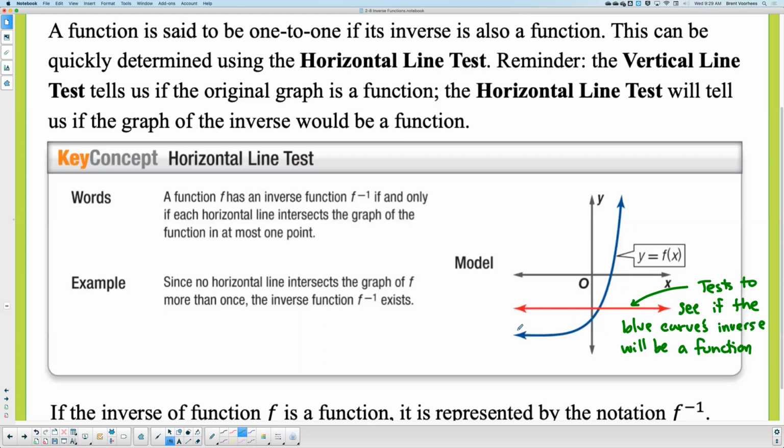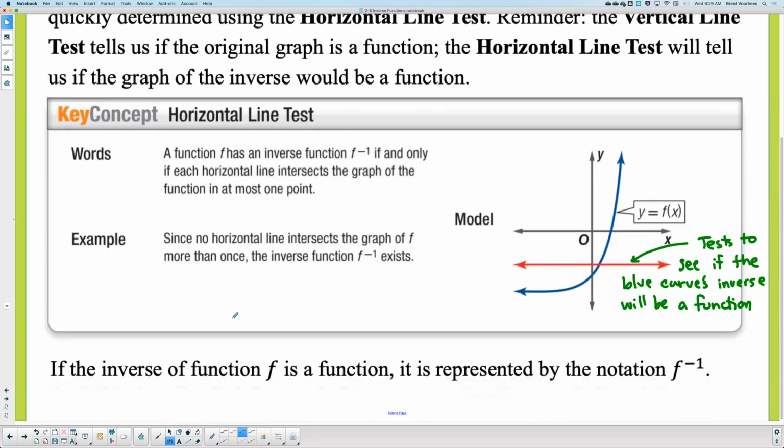Now, does this one pass the horizontal line test? It looks flat. It's actually always slightly increasing. If you remember exponentials, they're always increasing or always decreasing. So yes, it does pass the horizontal line test, which means there's going to be an inverse function. That's what that means.